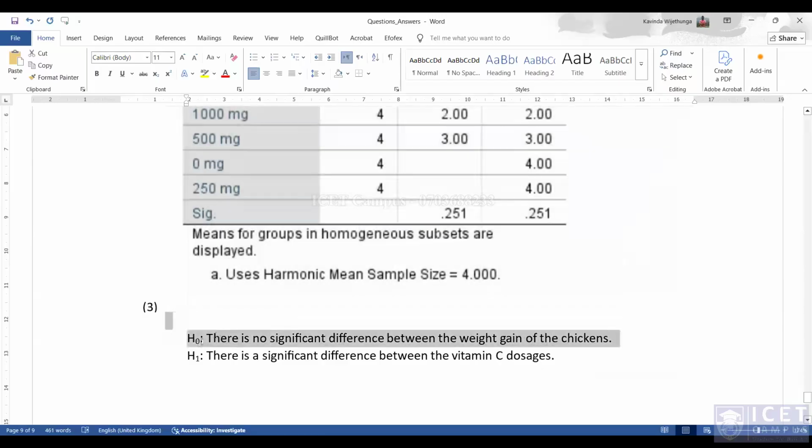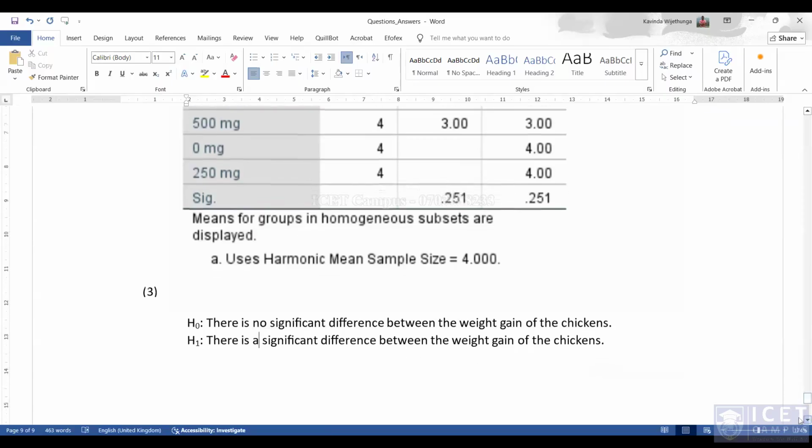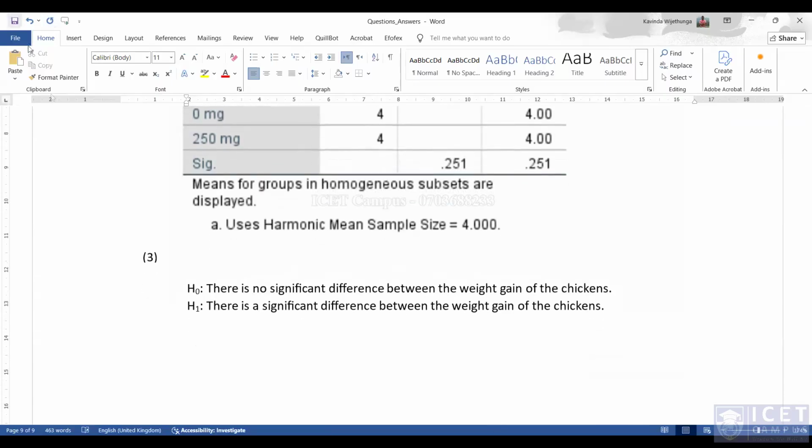Then we can write the alternative hypothesis: there is a significant difference between the weight gains of chicken. So this is the null hypothesis and the alternative hypothesis. Right. So then we can enter this data.